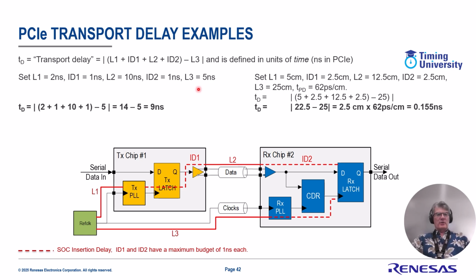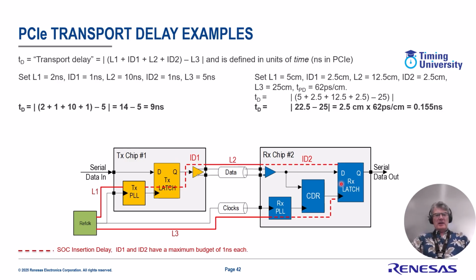So to find out what the transport delay value is here, in other words, the delta between the data and the clock, we sum up the top and subtract the bottom, and we get 14 minus 5, which is 9 nanoseconds. PCI Express has a default value of 12 nanoseconds, which we'll delve into in the next module where we actually create the PCIe jitter model.